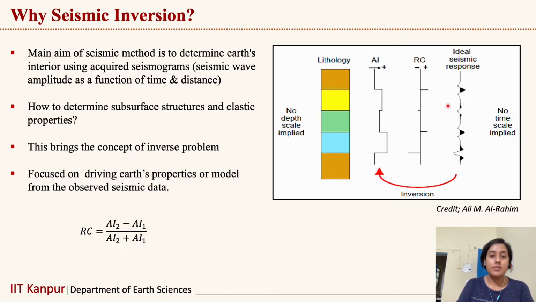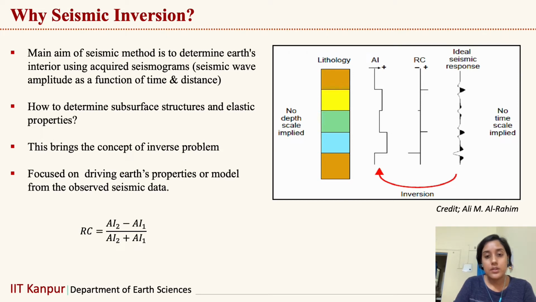From that seismic response, we are interested to know the acoustic impedance response, which is the intrinsic rock property. That's why this whole process is called inversion, because we have the forward result, which is our acquired seismic data, but we are interested to know about the subsurface lithological model.